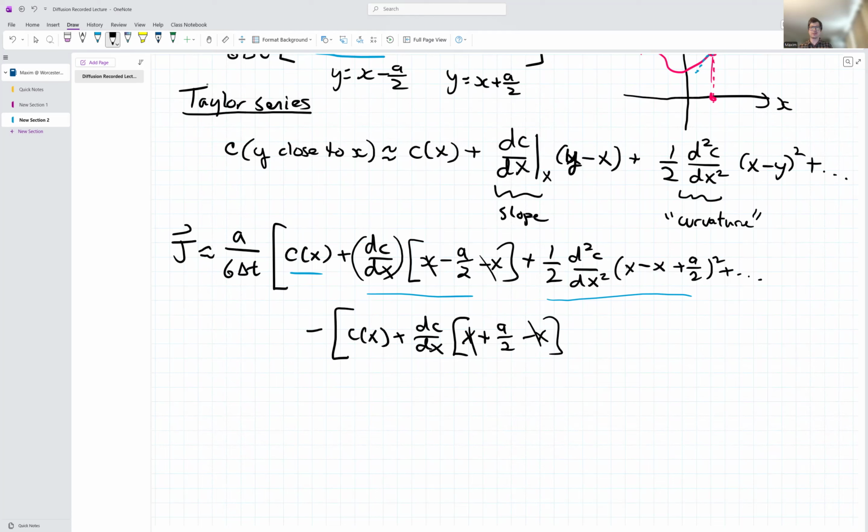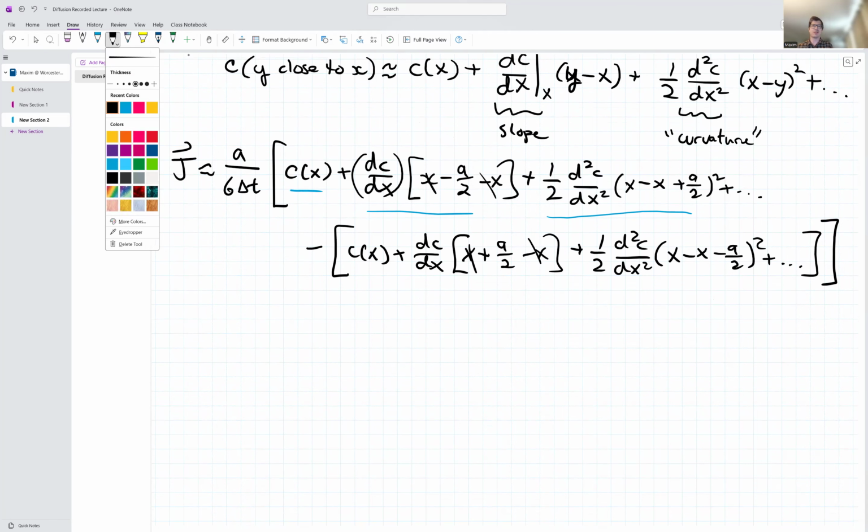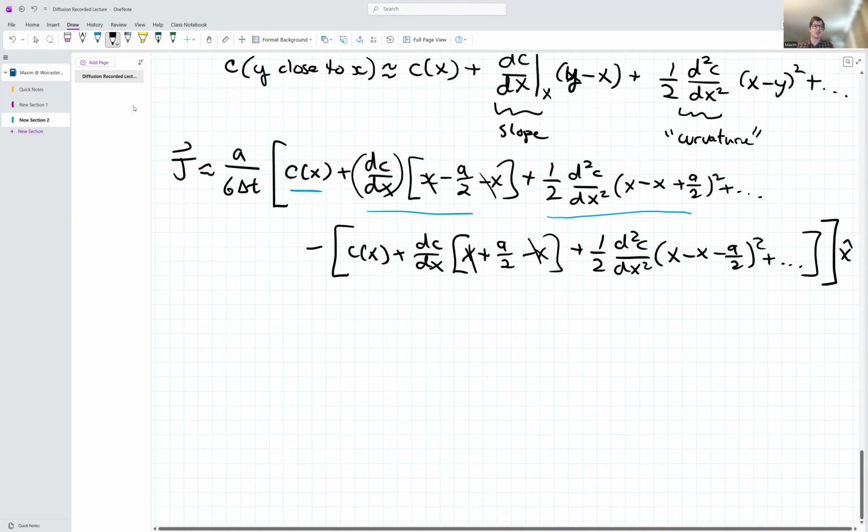So those cancel. And then just in case, we can add that second one, x minus a over 2 squared, and so on. All right, and then, of course, this is all along x hat. So let's see what cancels overall.